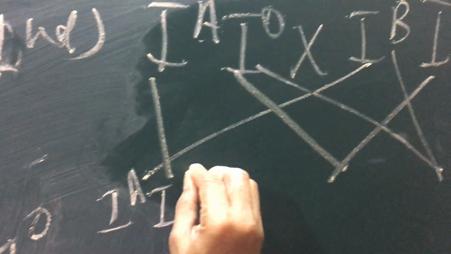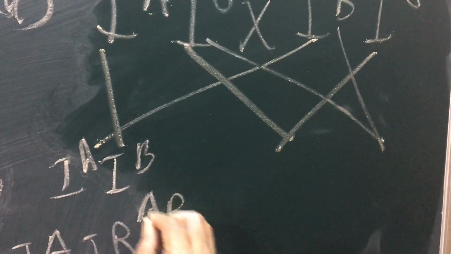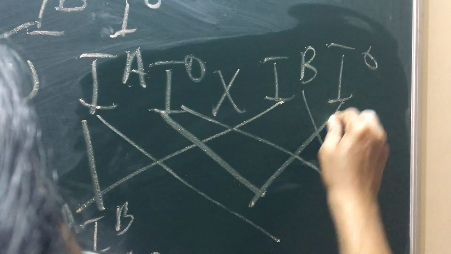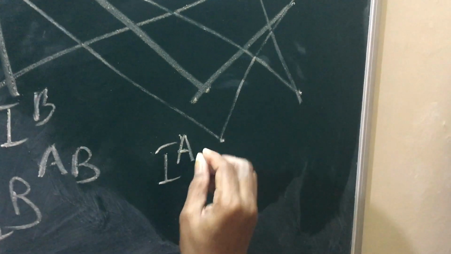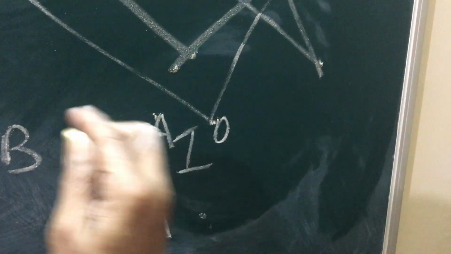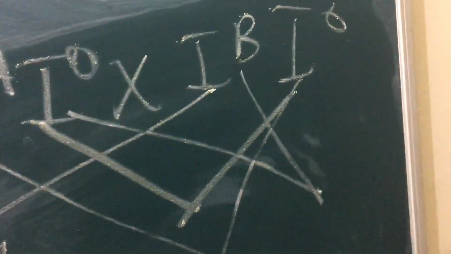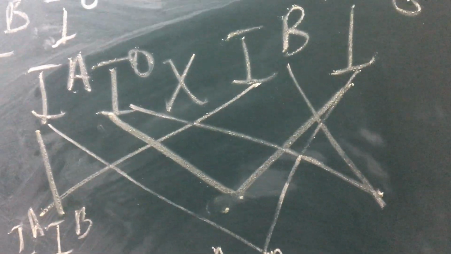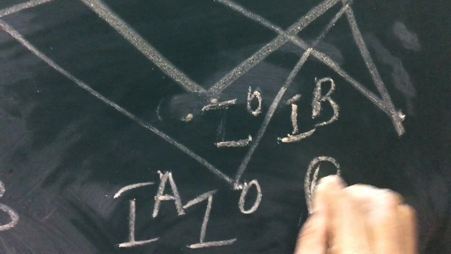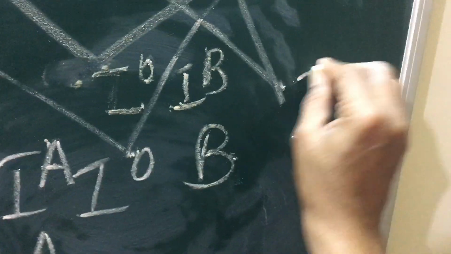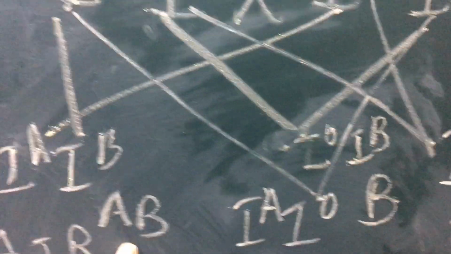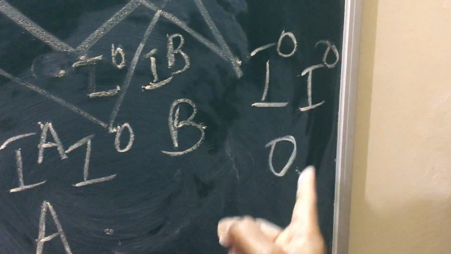IA IB, again AB blood group, and this will go IA I0, A blood group, and here this will be I0 IB, so B blood group, and here I0 I0, O blood group. AB, A, B, and O.